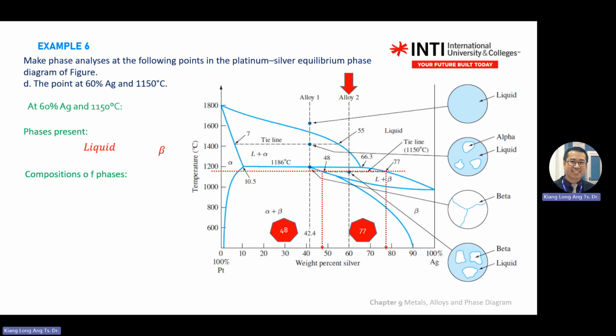You know how to read this graph or not? You understand 77? 77 what? Weight percentage is what? Solid or liquid? Liquid. Beta?